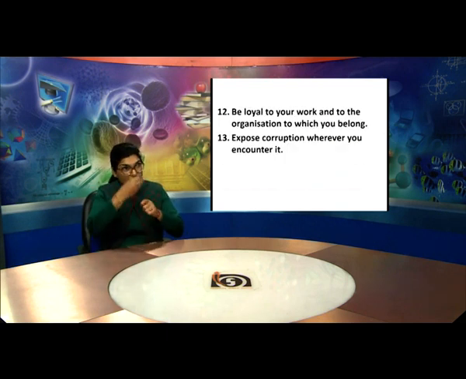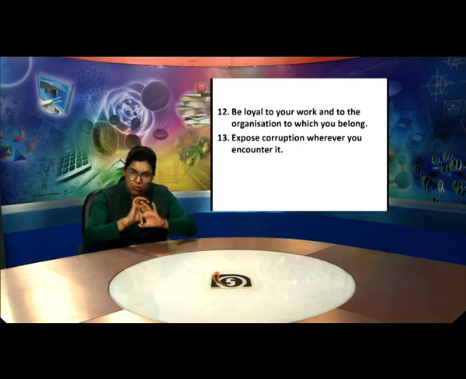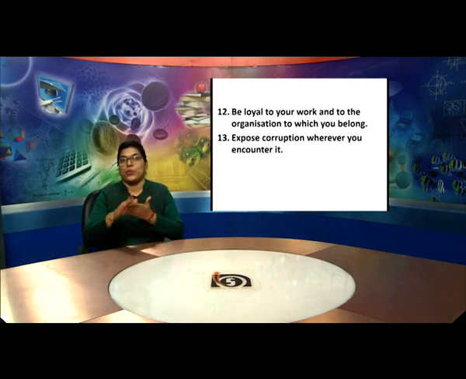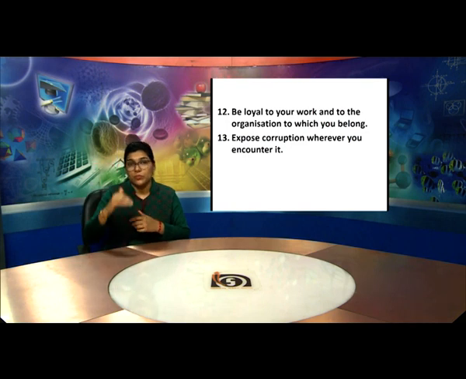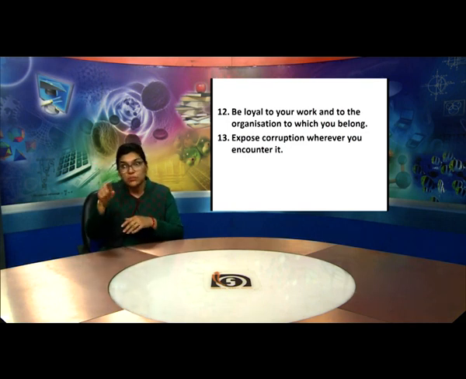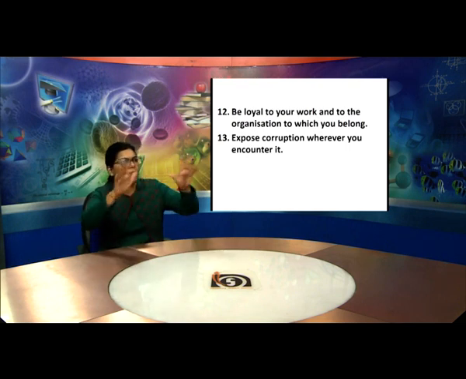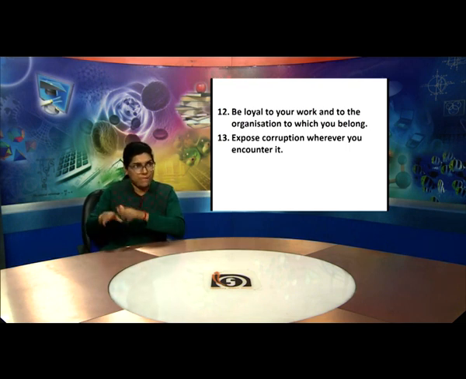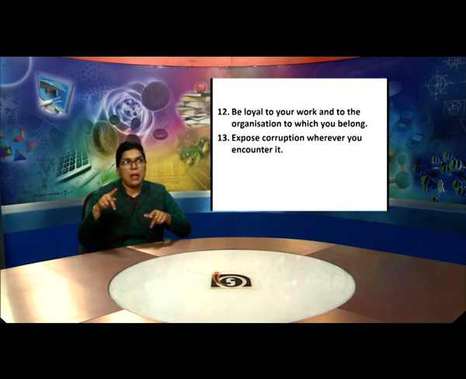The 12th point explains that you have to be loyal to your work and to the organization to which you belong. Point 13 explains that we should expose corruption wherever we encounter it.